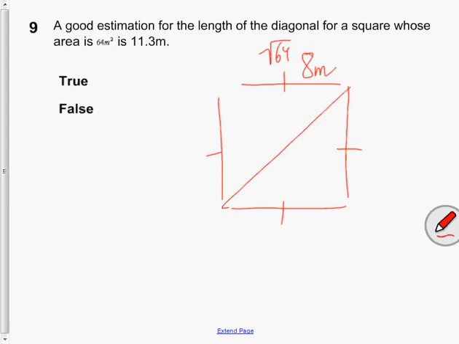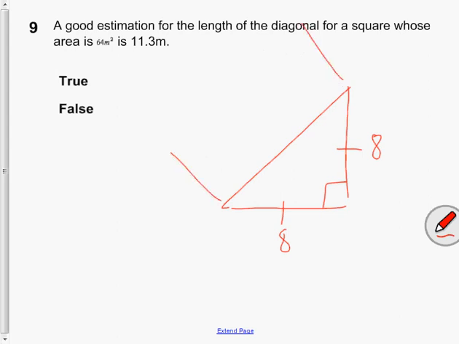And if we have 8 meters here and 8 meters here, and if I were to erase all of the superfluous sides, I will now see that this diagonal is really the hypotenuse of a right triangle. So we know that Pythagoras said a squared plus b squared equals c squared.